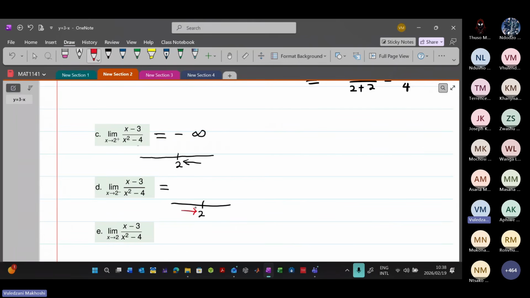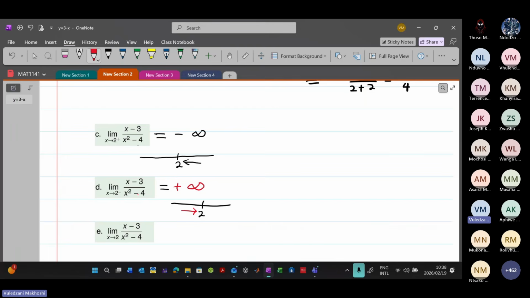So if we take a number which is less than 2, when you square that number, you get something less than 4. And then a number which is less than 2, you subtract 3 from it, you get something negative. So it's negative over negative, and you end up with a positive infinity.